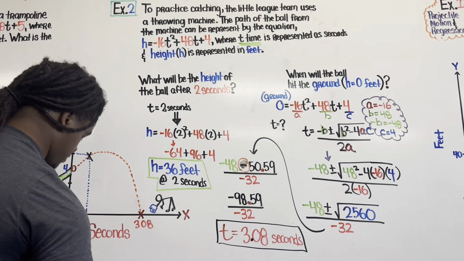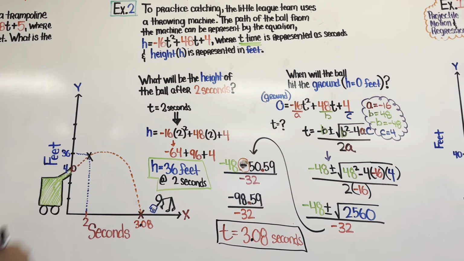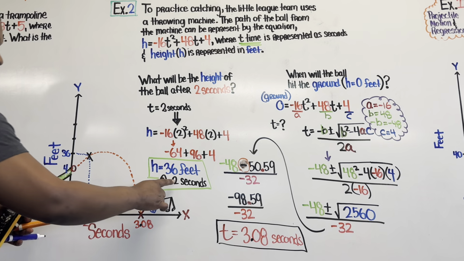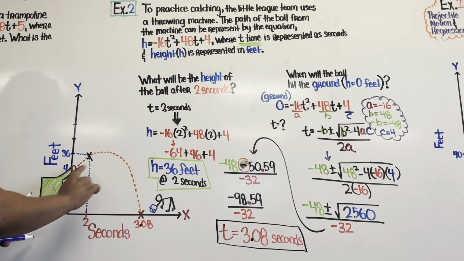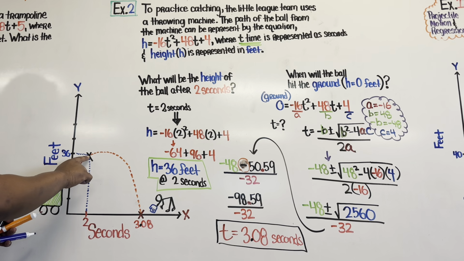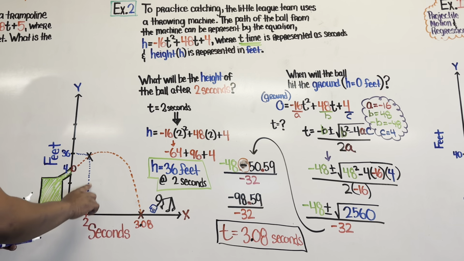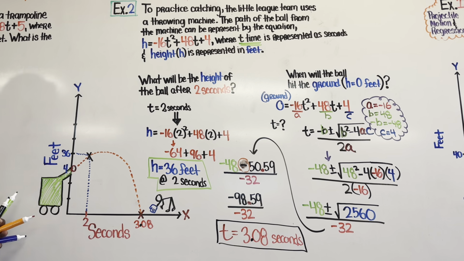This is how long it would take for the ball to hit the ground after being projected out of the throwing machine. So once again, guys, we found the height at 2 seconds, which is 36 feet. So after 2 seconds of being projected out, the height of the ball will be 36 feet. And at 3.08 seconds is when the ball will hit the ground, okay?